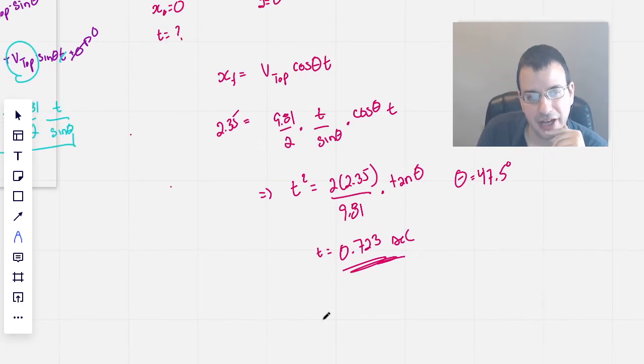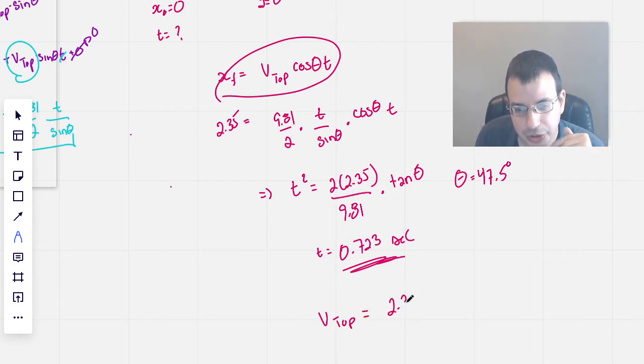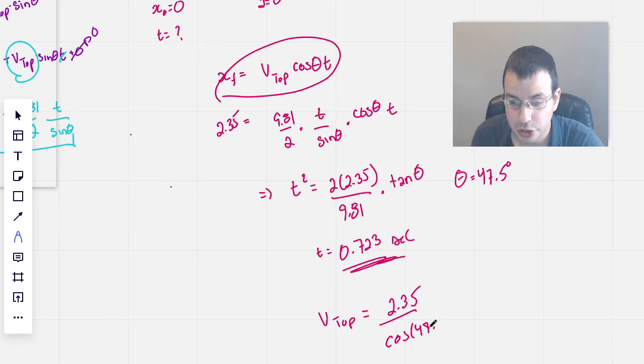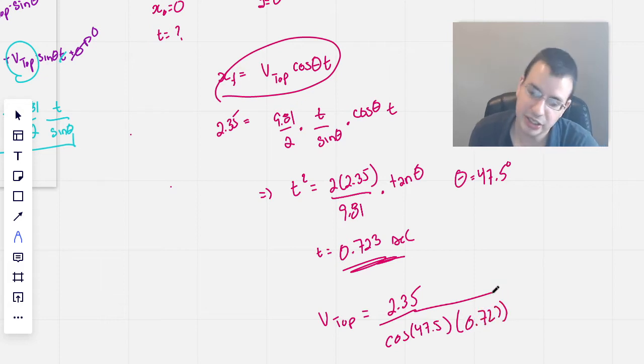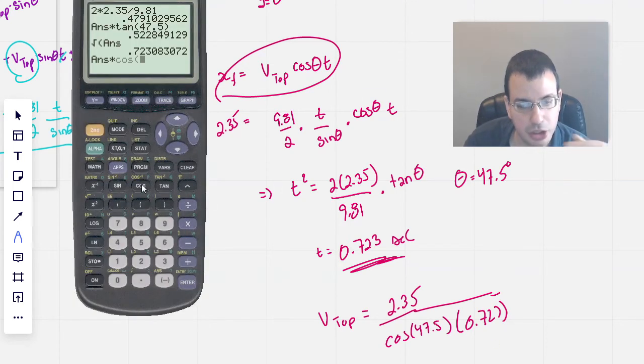So now we want to find V top, and I'm going to use this equation up here. So the velocity at the top is going to be 2.35, which is x final, divided by cosine of 47.5 degrees, divided by 0.723, which is in seconds. So we have that number right there. And so we're going to do that number times cosine 47.5.